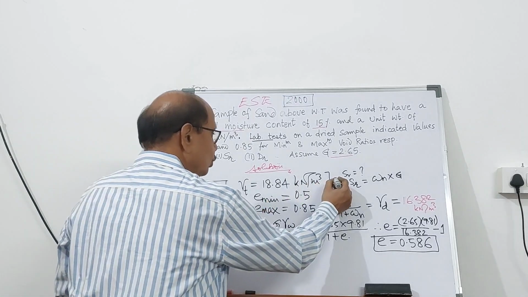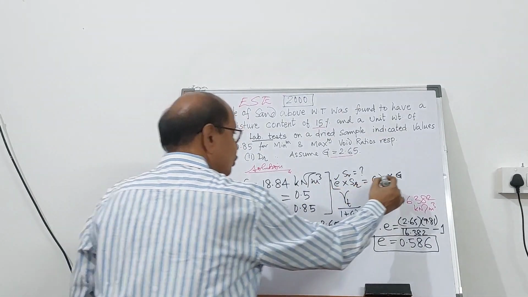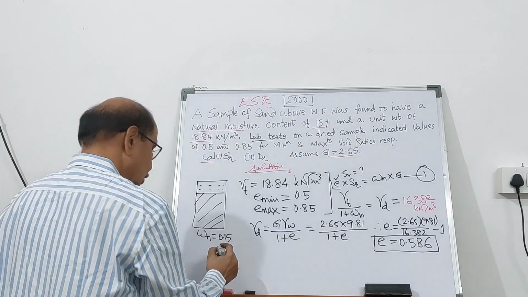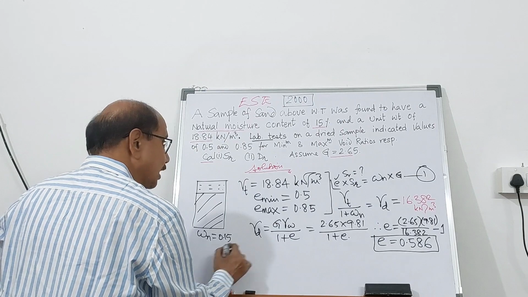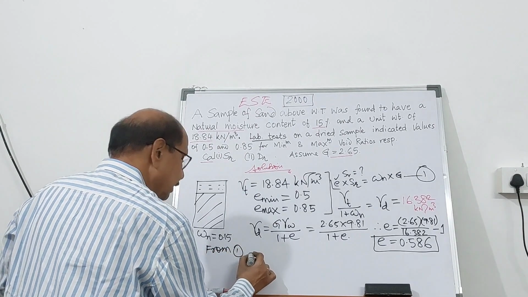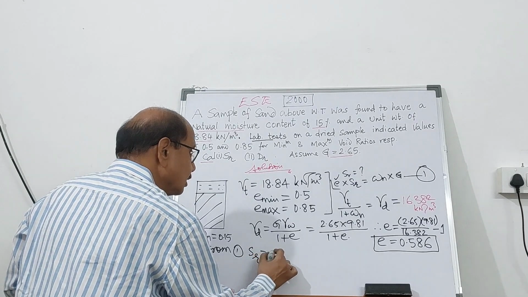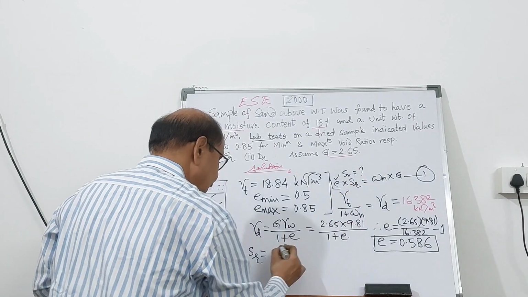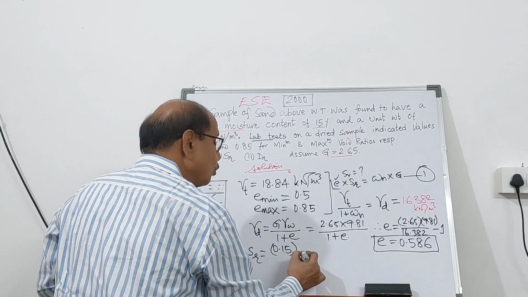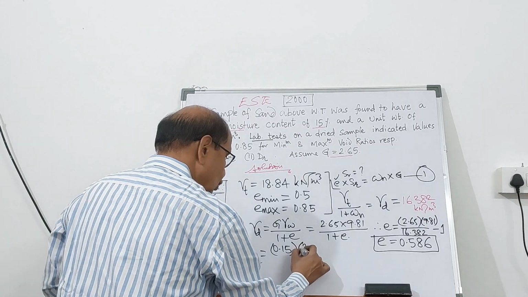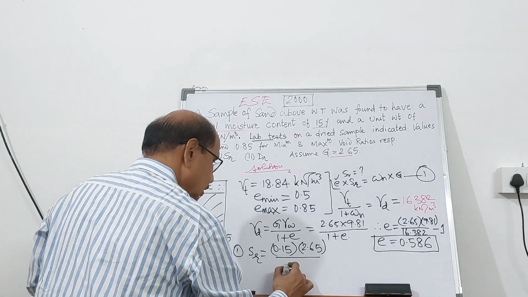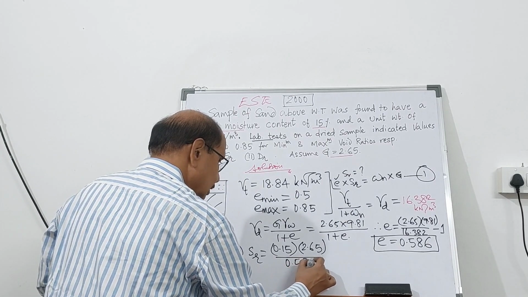Once the void ratio is known, on substitution in equation 1, the degree of saturation Sr equals Wn into G divided by E, that is 0.15 into 2.65 divided by 0.586.